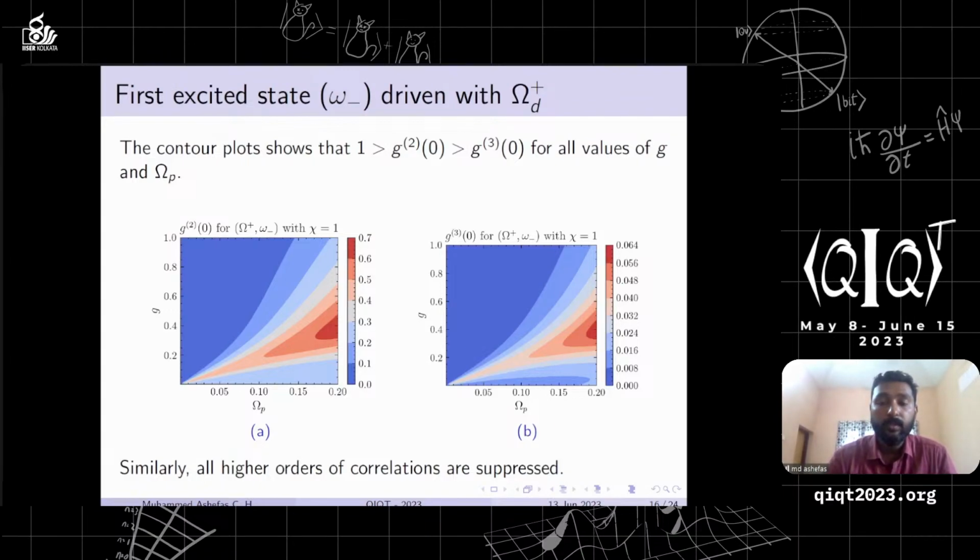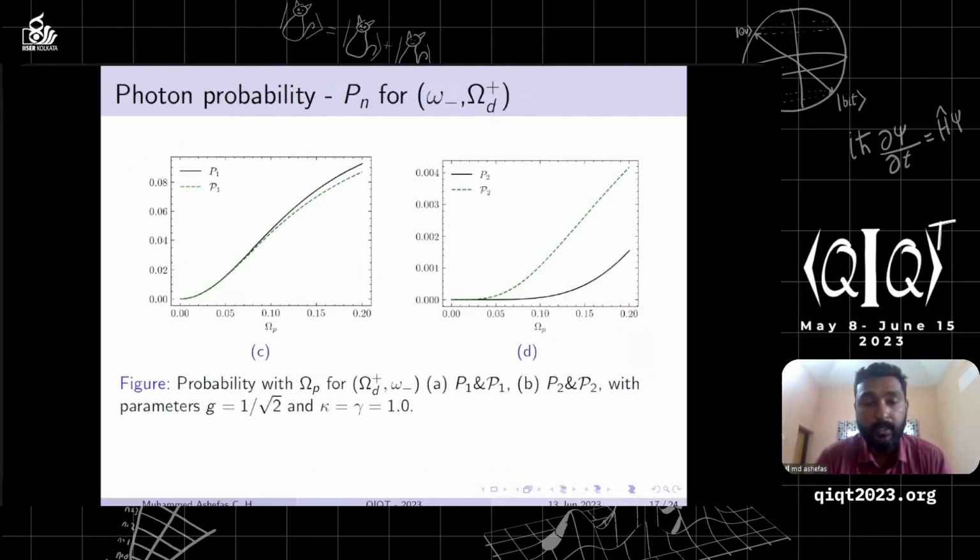Now it has to achieve one more condition in terms of the probability, the probability of the number of photons. So that we have also plotted. The probability P1 and the Poissonian probability script P1 are plotted here. And it shows here the probability corresponding to a single photon is greater than the Poissonian distribution.